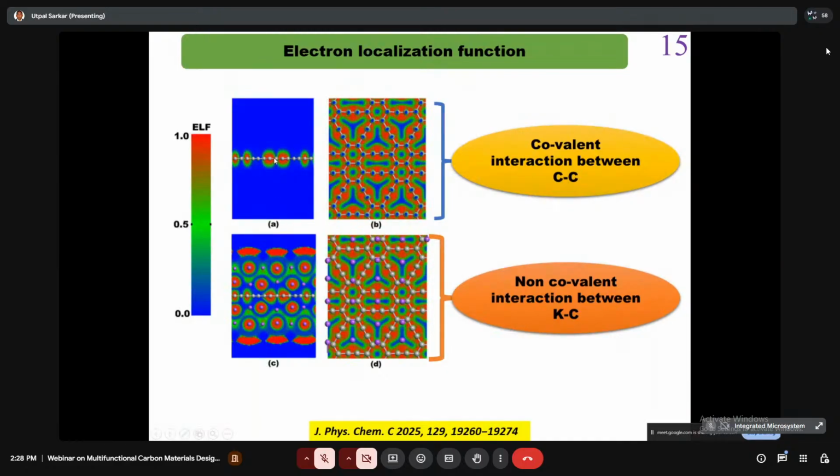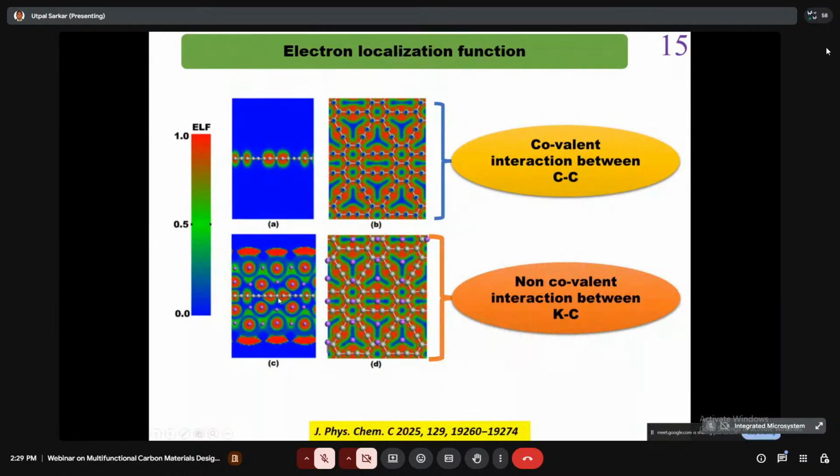In this particular region, you see it is spherically shaped, it changes its structure, so it's ionic in nature.